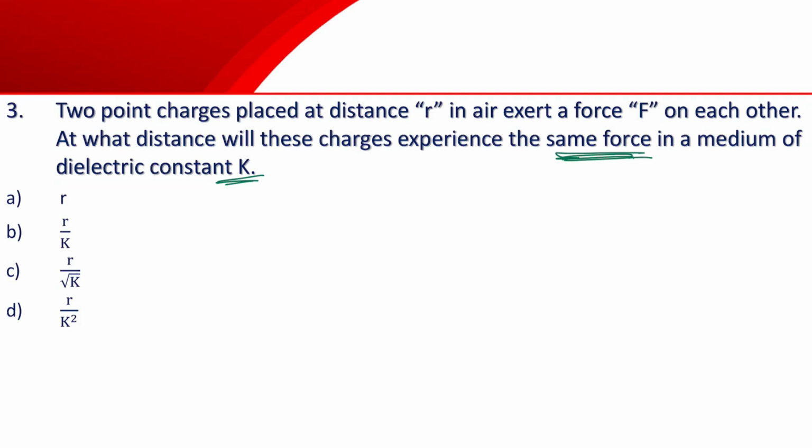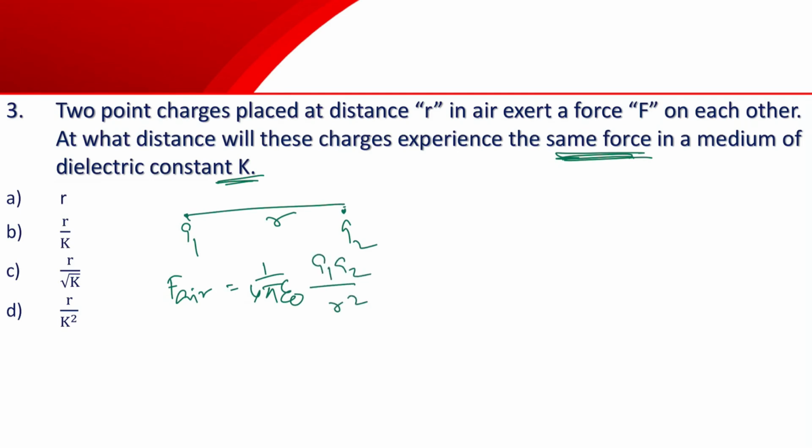So first let us take the air medium. Let the charge be q1, here the charge is q2, let this distance be r. In this case F air can be written as 1 upon 4 pi epsilon naught q1 q2 by r square.